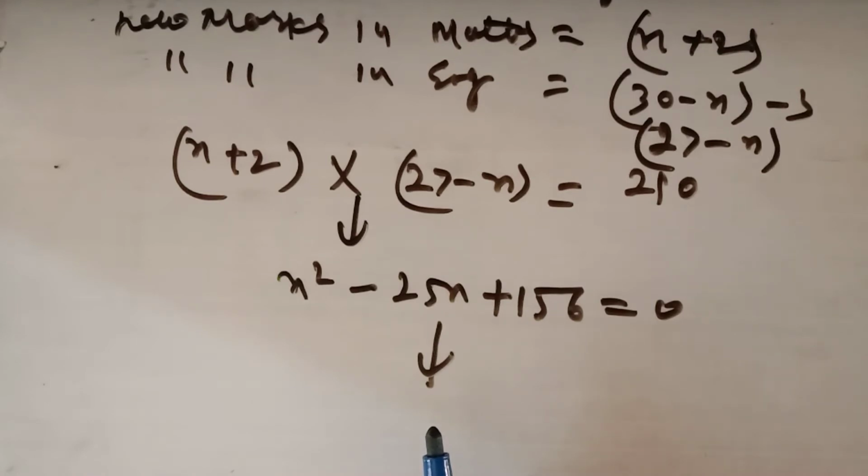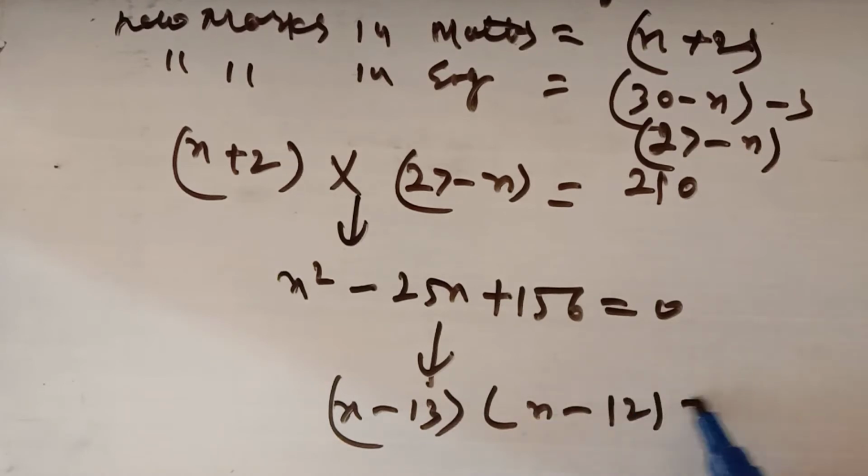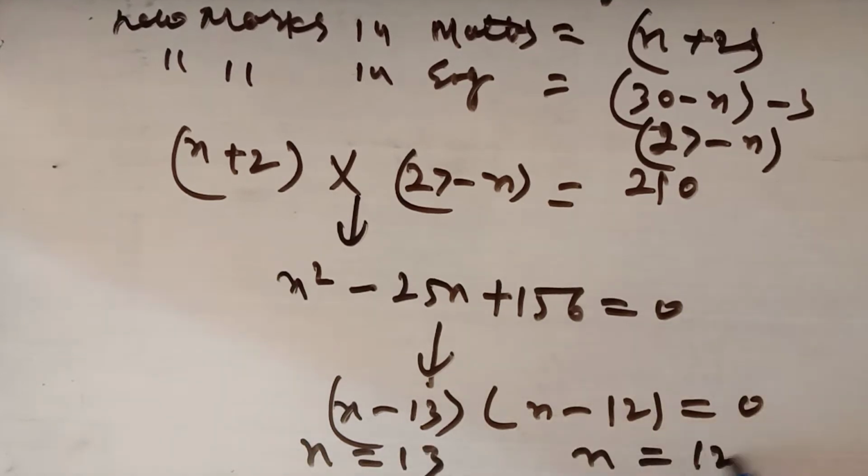Now you can solve this quadratic equation either by the factorization method or by using the quadratic equation formula. I have done it by factorizing, that is (x minus 13)(x minus 12). So x is equal to 13 or x is equal to 12.